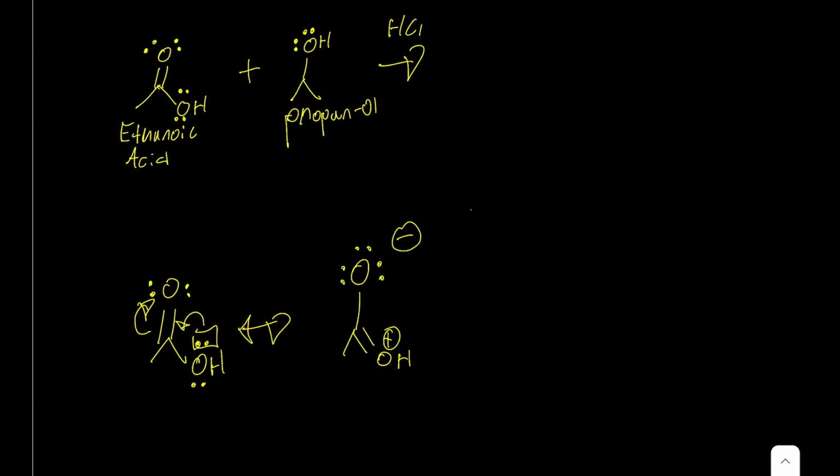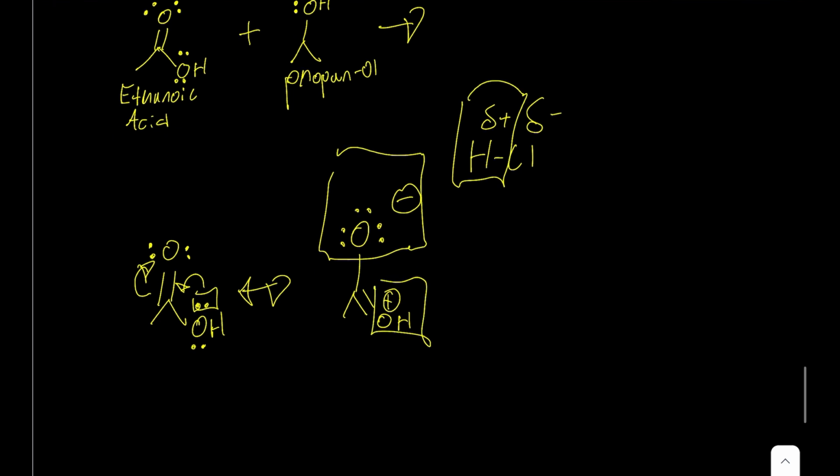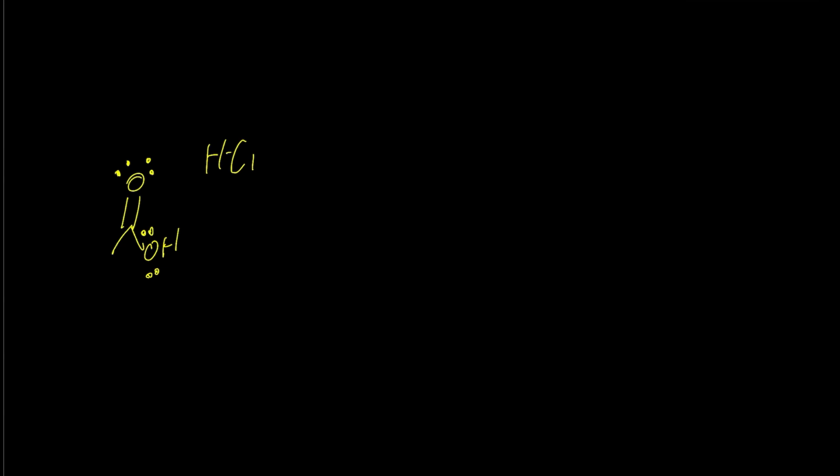When we add hydrochloric acid, we'll have a partially positive hydrogen and a partially negative chlorine. Since this hydrogen is partially positive, it's going to want to protonate this carbonyl oxygen, not this hydroxyl oxygen, because opposites attract. Now if we go back to our original resonance structure, it makes things a lot easier.